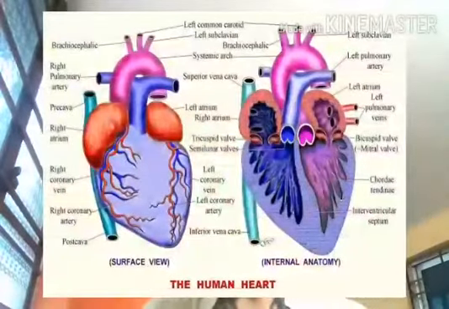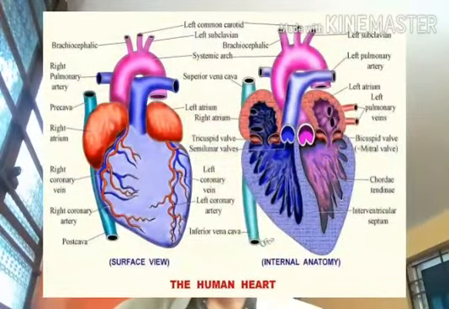The entire process of the left auricle and left ventricle continues under the systemic circulation, and the release of CO2 from our body continues in the pulmonary circulation. So in a way it is the main mechanism of the heart.